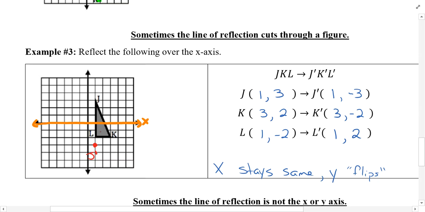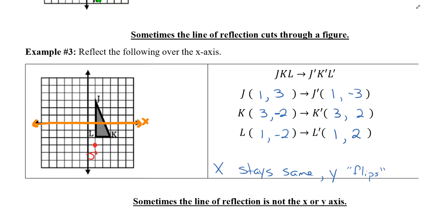So for the image of K, it would be at 3. Oh, just kidding. I caught a mistake. This is why I need you guys around so you can catch me sooner. So K is actually at 3, -2, which means that the y flipped would be at +2.